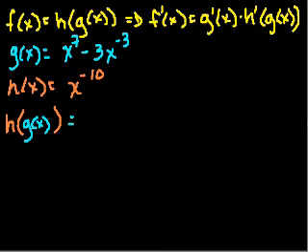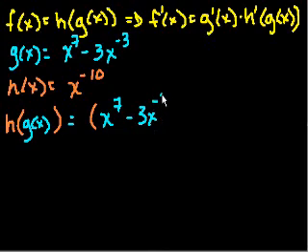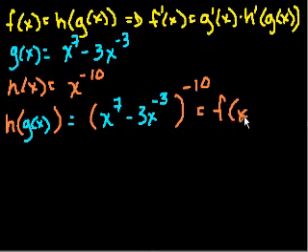So it would just be this expression, x to the 7th minus 3x to the minus 3rd, and then all of that to the minus 10th power, right? So this is our f of x. I know this is very confusing, but bear with me.